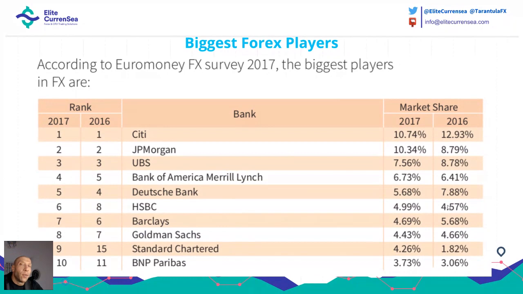They are moving the Forex market. They are the core of the Forex world. And you can see each market share, in 2017 and 2016, it's huge, guys, especially JP Morgan and Citi. Because of that, you can rest assured that the market will always be qualified for trade. It's just about you, which trade you will take.